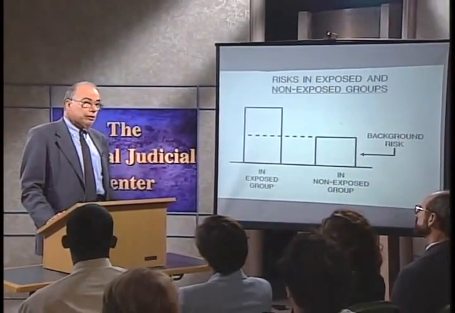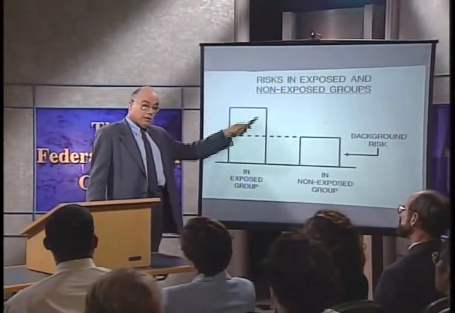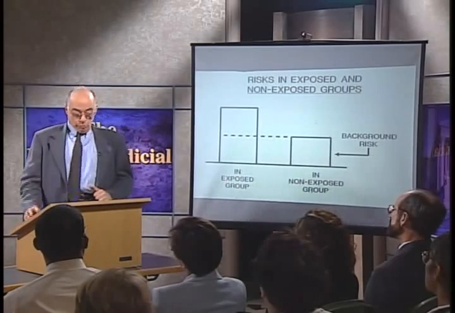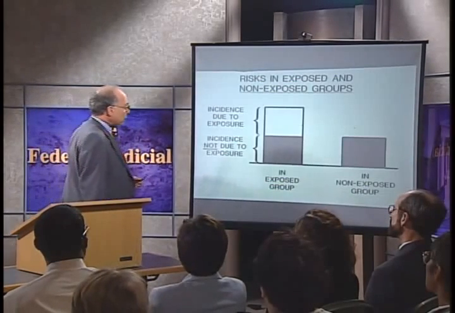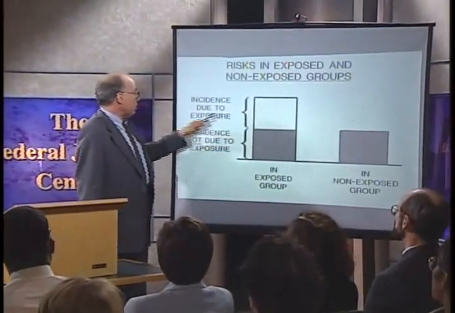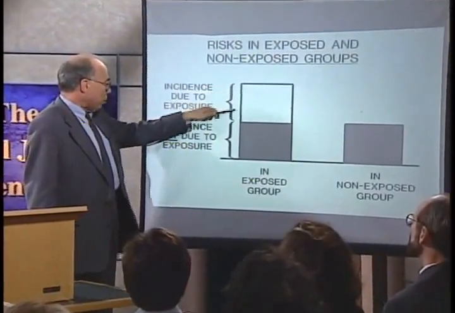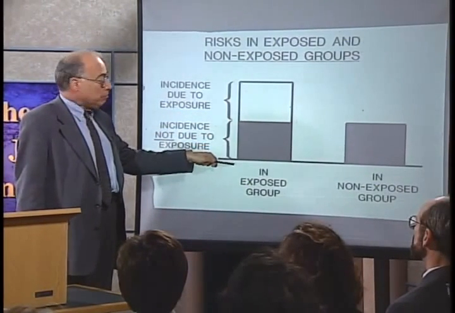Or to say it differently, in the radiated group, how much of their risk of cancer is due to their having been radiated? We can figure out quite clearly how to calculate this. The total risk in the exposed group is due to the exposure and to the background risk, not due to the exposure.